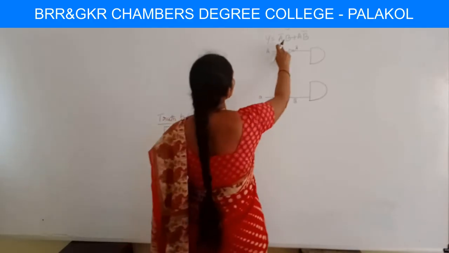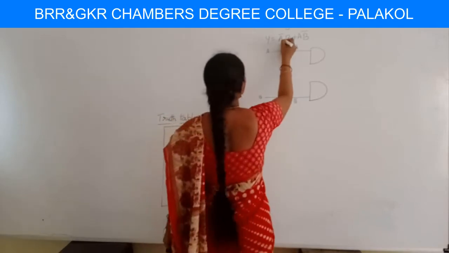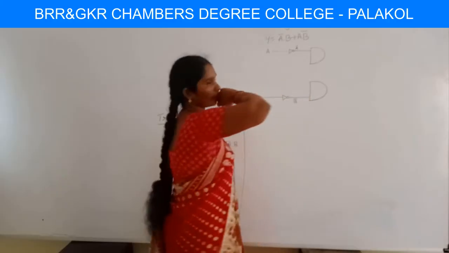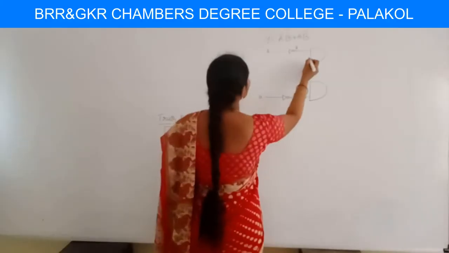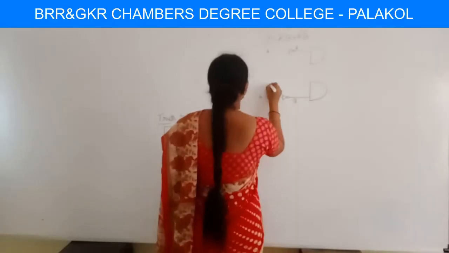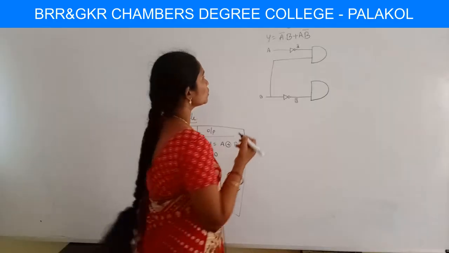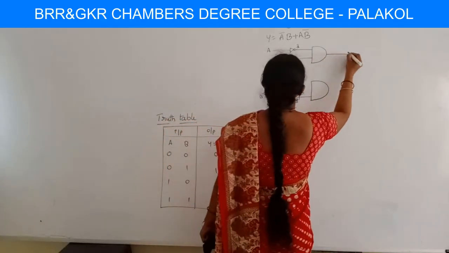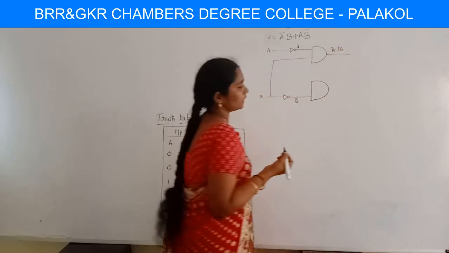Now the first one is A bar dot B. A not is there, that means a dot will be present between the two, so here we have to apply B. Therefore the final output is A bar dot B here.